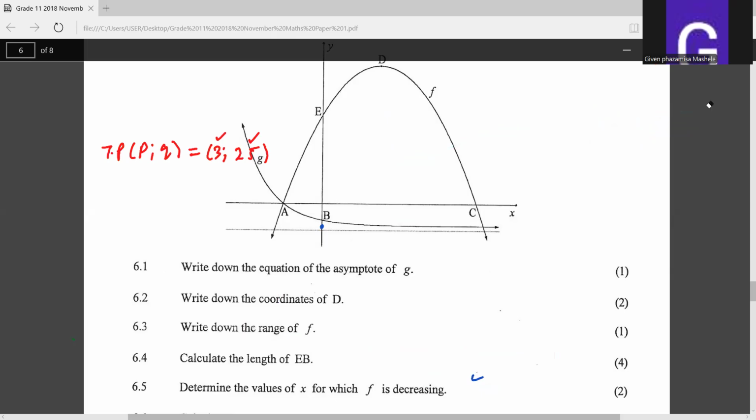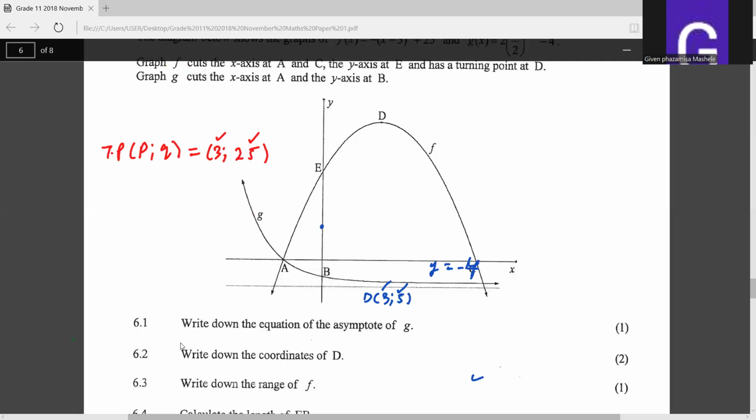The second question says, write down the coordinate of D. Already the coordinate of D is 3 and 25. Now the next one says, write down the range of f. To determine the range of f, we are controlled by the turning point.